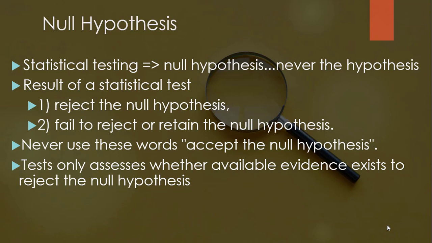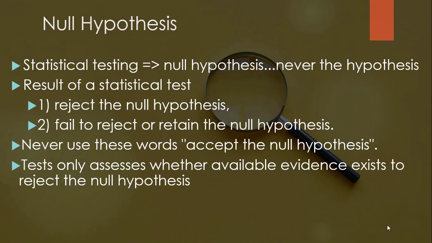So remember what I stated earlier, you test the null hypothesis. So you carry out the statistical testing on the null hypothesis, not on the alternative hypothesis. When we do statistical testing, there are two decisions we could make. It's either we reject the null hypothesis, which means there is association or relationship or difference.